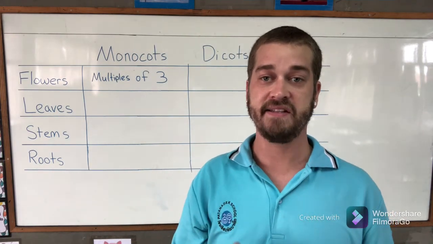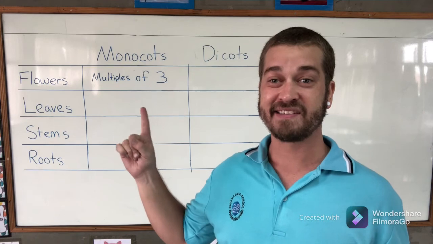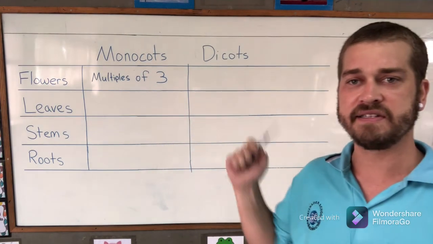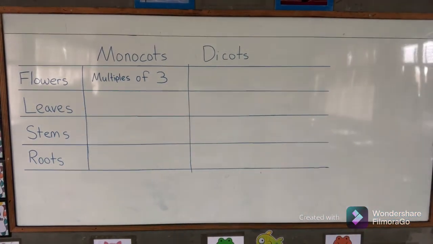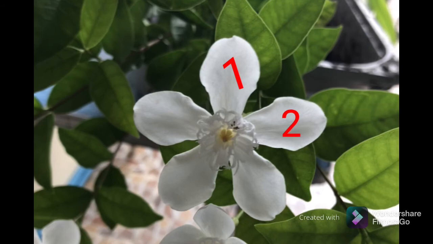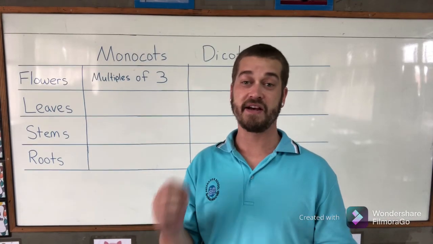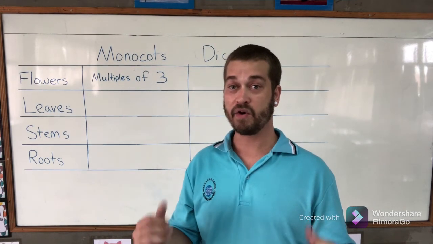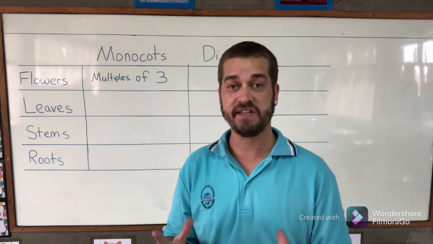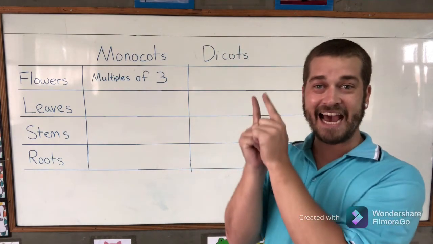Anything that divides by 3, that is classified as a monocot, okay? What about the flowers on dicots? That is going to be multiples of 4 or 5. So it either has 4 or 8 or 12, or it has 5, 10, 15, even 20. So that would be a dicot.